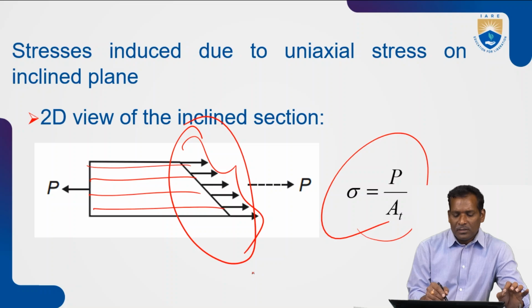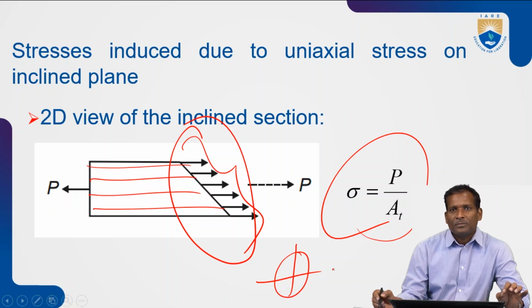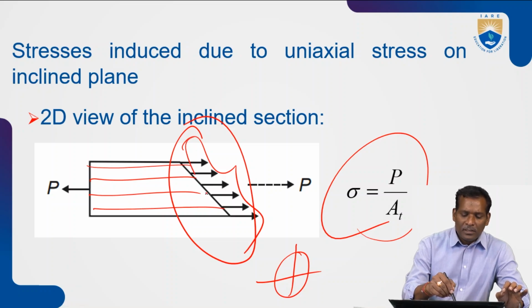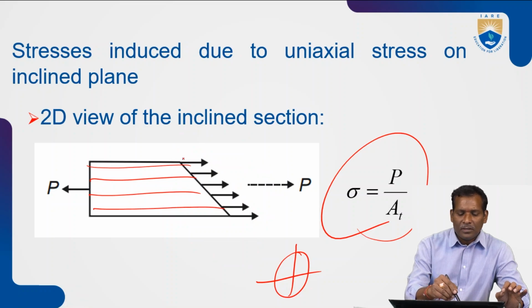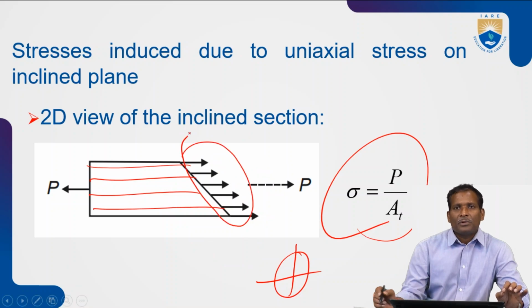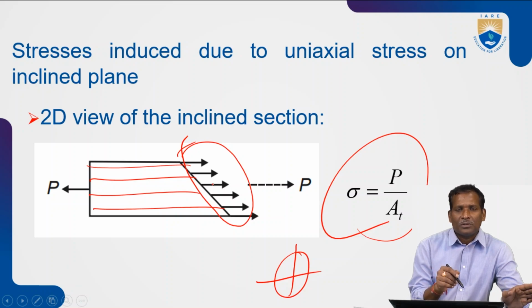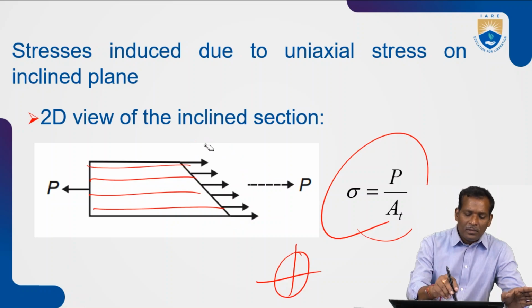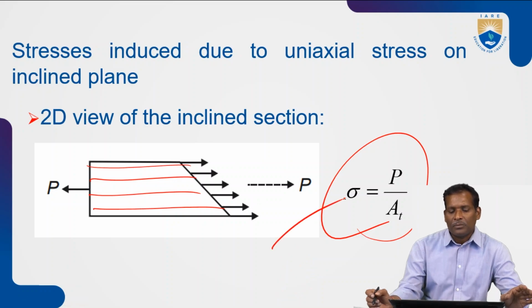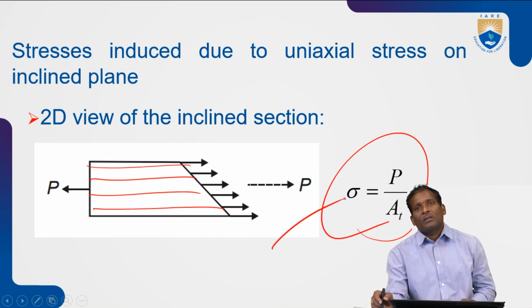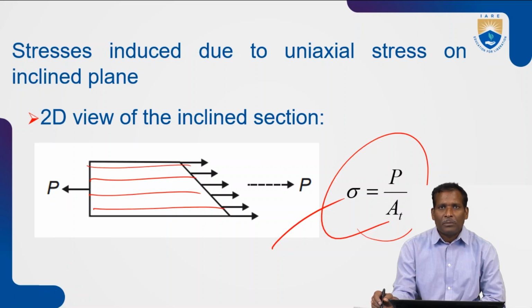In the previous case, the cross section of the bar is a circle, but in this case the shape is elliptical. So you should calculate this area, and then you will get the normal stress on an inclined section, the inclined plane.